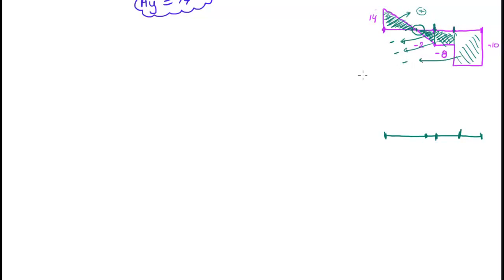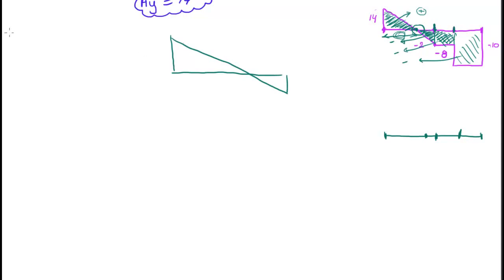Okay, so let's try to find out. It's basically calculating the area of regular shapes like a triangle or a rectangle. But the trick here is, do you know all the lengths? For example, the very first problem I'm going to have is, where does this thing intersect? What is this length right here? So let me draw it like this. We have a line, something like this.